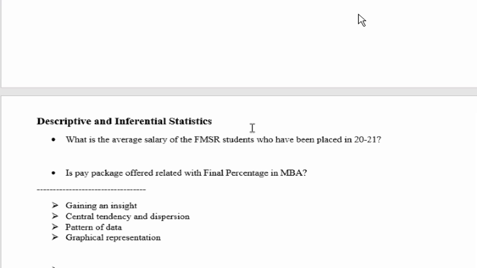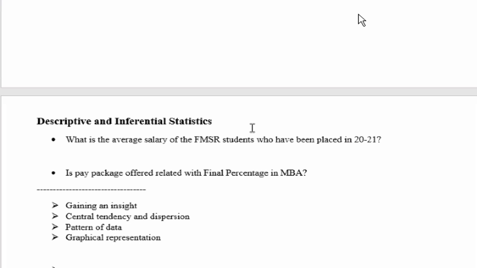Is there any relationship between the marks which you have obtained in your MBA, 4 semesters combined, and the pay package offered to you? If you want to study this type of problem, then this is done using some statistical method.